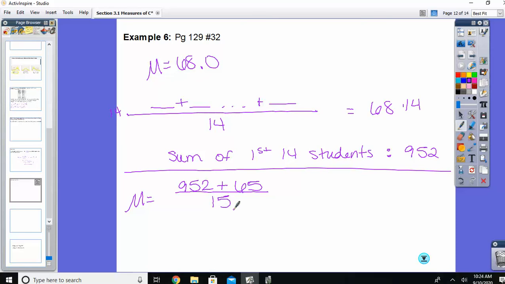There's 15 students in the class. And so now we get an average of 67.8 inches. So you don't always have to have the original data to get that. You just have to think backwards of what they would have done. Any questions there?